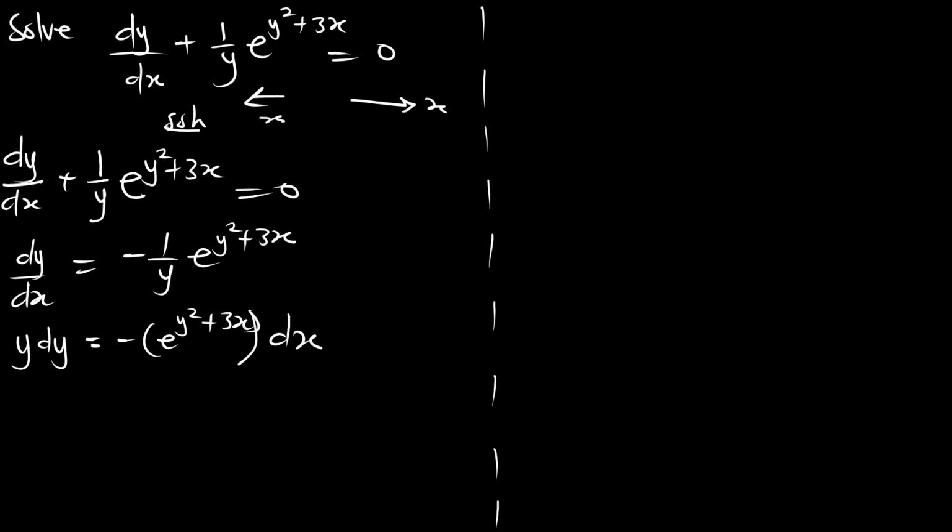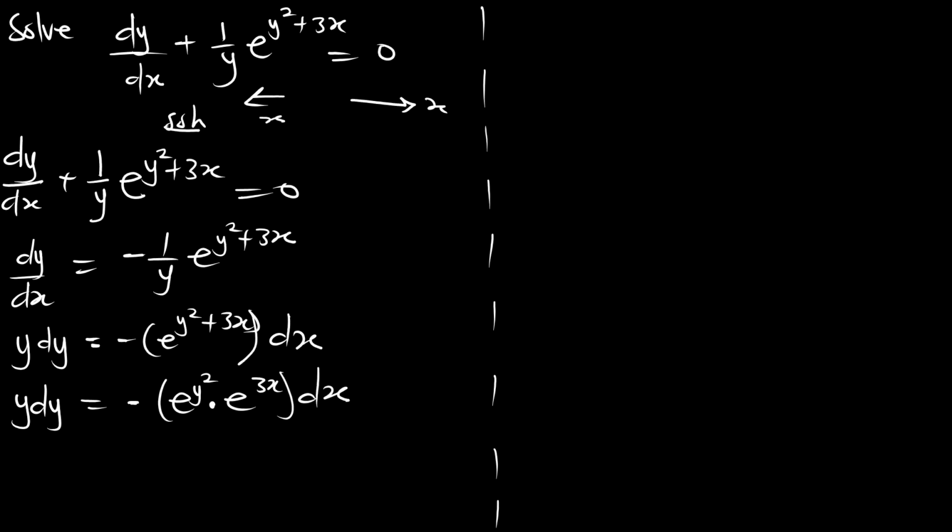I'm not done grouping like terms. Why? Because I still have a y expression on this side of the equation. So what do I do? I know that y dy is equal to, this is the same thing as e^(y²) multiplying e^(3x), everything dx. Is that true? Yes.